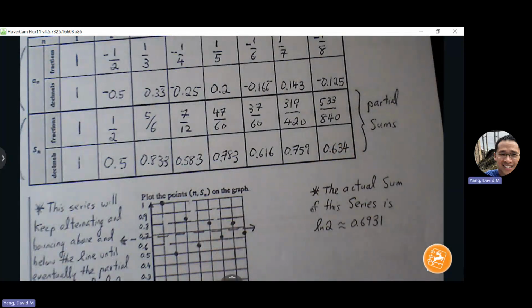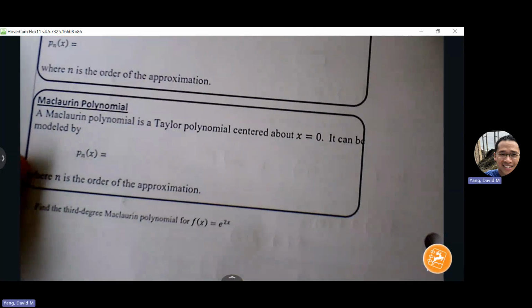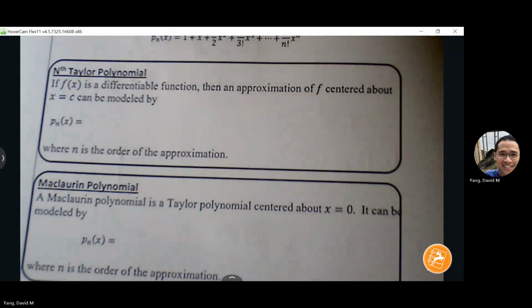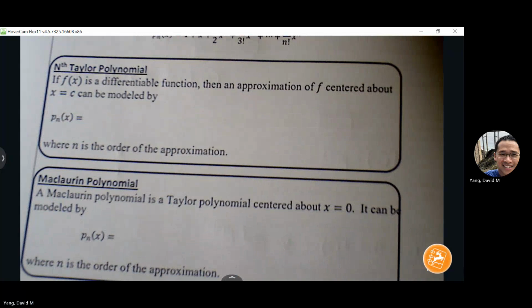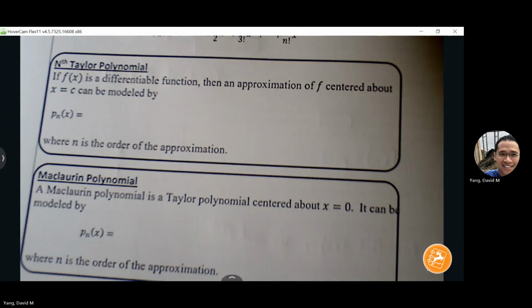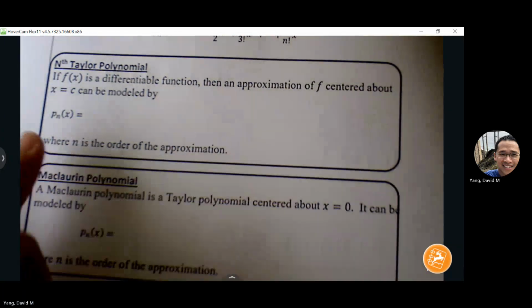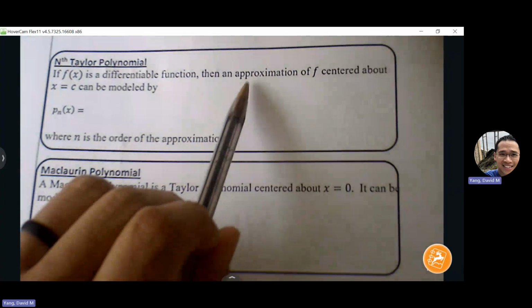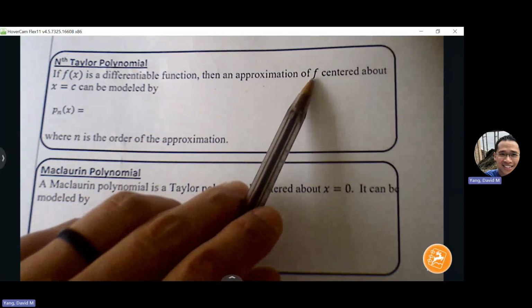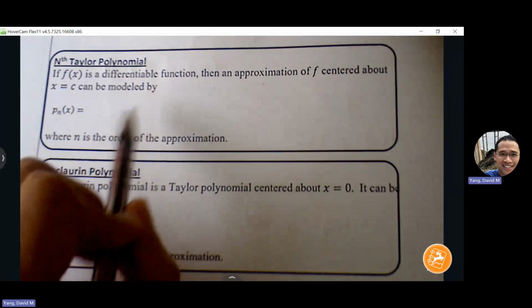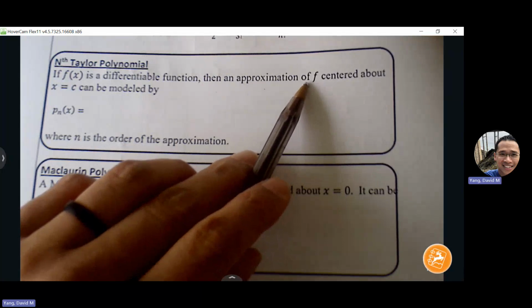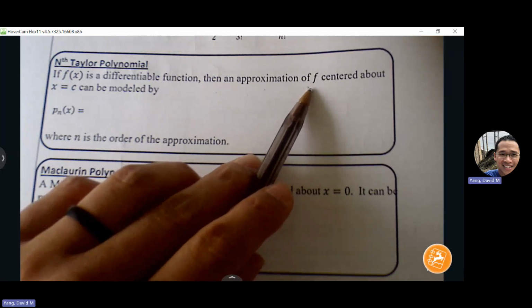So let's look at how we can build these Taylor polynomials. If a function is a differentiable function, then an approximation of the function centered about c can be modeled by, and we're assuming that this function is non-polynomial, like sine or cosine or natural log or e to the x.